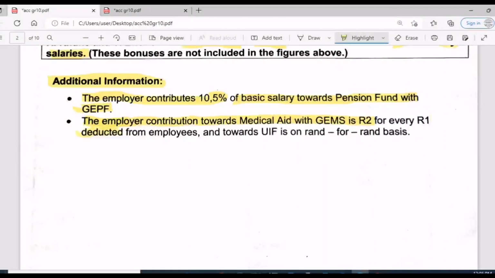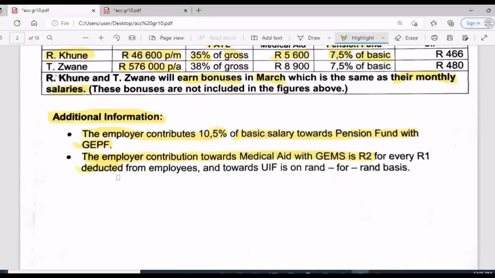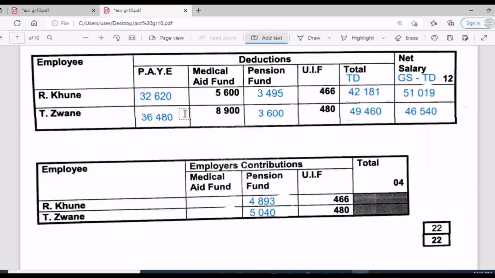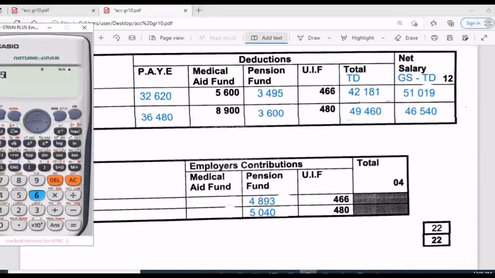So the employer contributes R2 for every R1 deducted. So how much was deducted? Medical aid deduction for Kune, it's 5.6. You take 5.6 and multiply this by 2, because the ratio is 2:1.